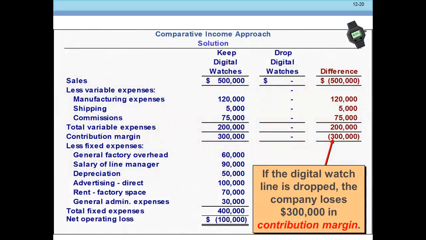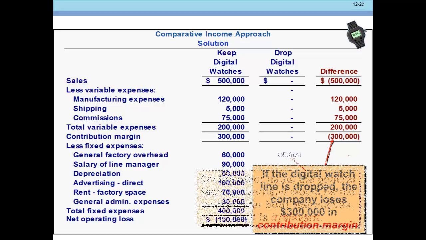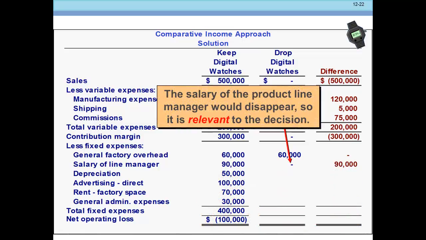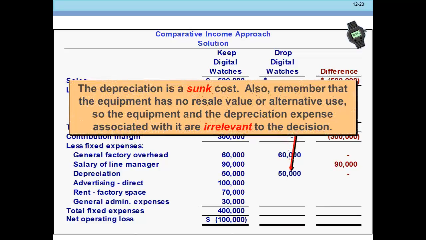If the digital watch line is dropped, the company loses $300,000 in contribution margin. The general factory overhead would be the same under both alternatives, so it is irrelevant to the decision. The salary of the product manager would disappear, so it is relevant to the decision. The depreciation is a sunk cost.